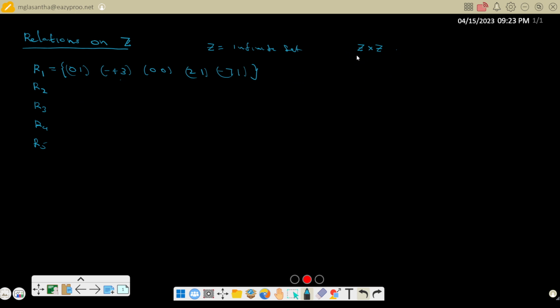This is infinite, this is also infinite, but this R1 is finite, so this is a finite relation. Okay? Is it clear?